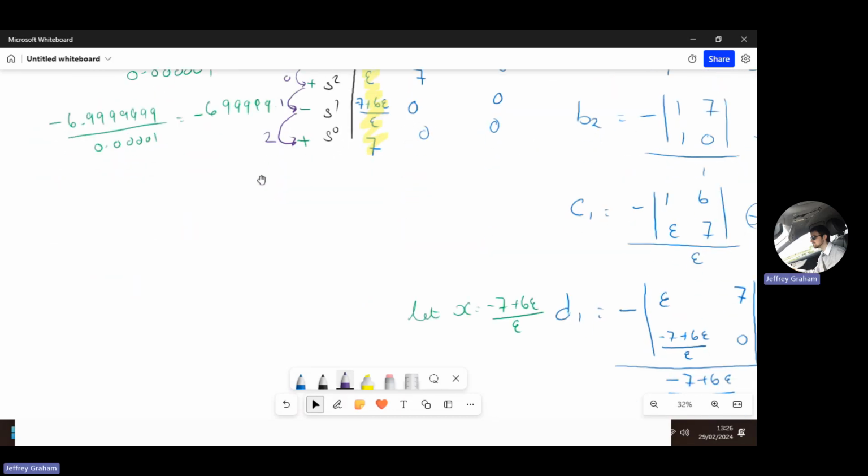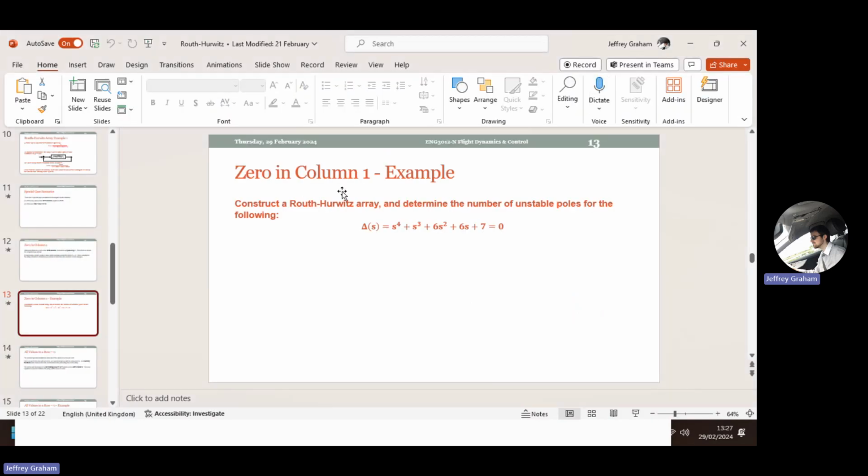So this particular example has 2 sign changes. So we should have 2 unstable roots. See if we can very quickly plot this one in MATLAB.